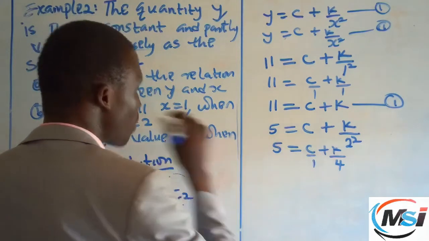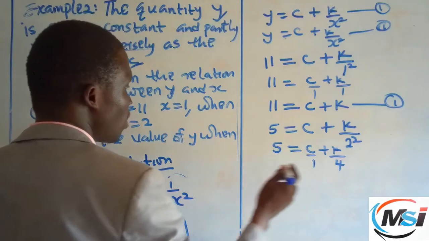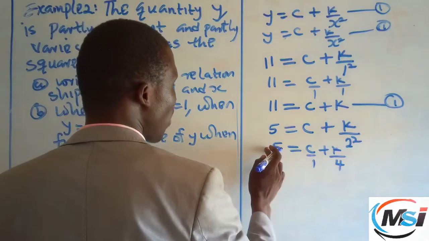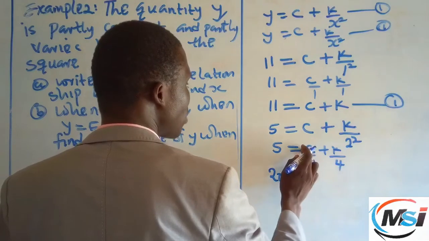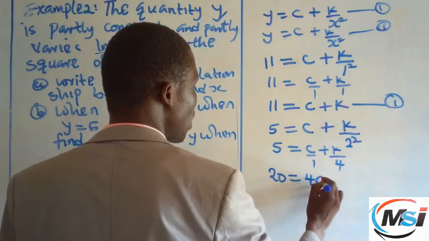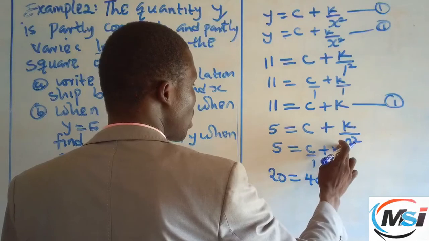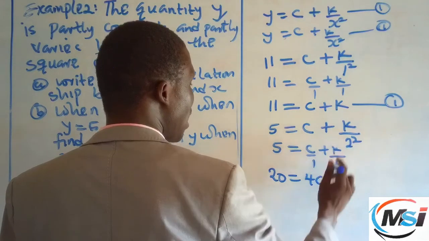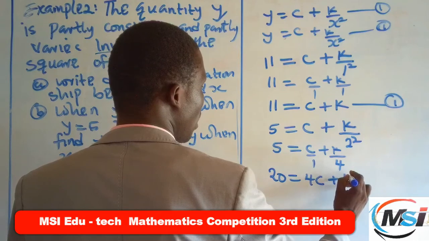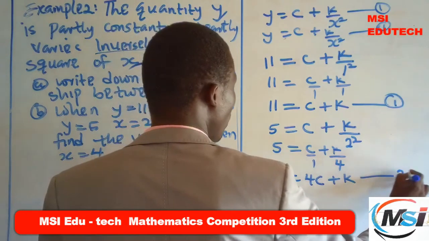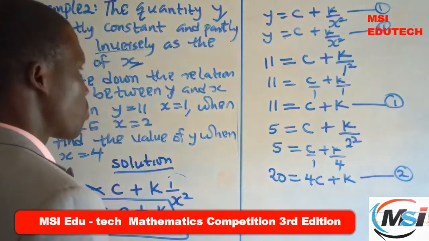Divide this by 1 to make it a fraction. So 4 times 5 will give you 20. 4 times c will give you 4c. 1 times k will give you k. So this will give us equation 2.